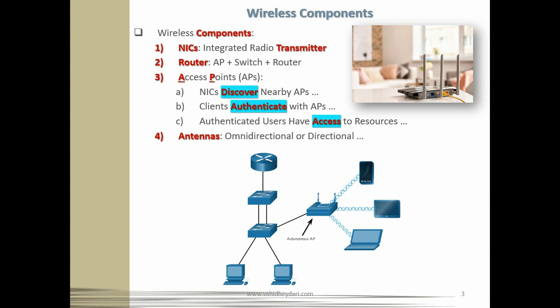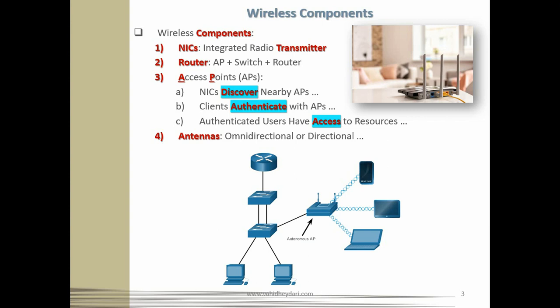Access points can be categorized into two categories. We have autonomous access points, and also we have controller-based access points. The example that you see here, autonomous access points, are standalone devices. They are configured through a command line interface, CLI, or through a graphical user interface, GUI.